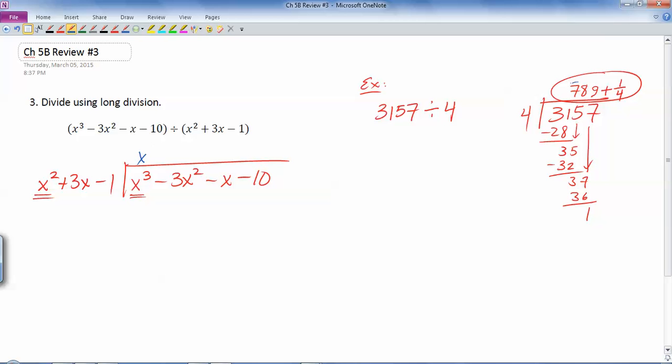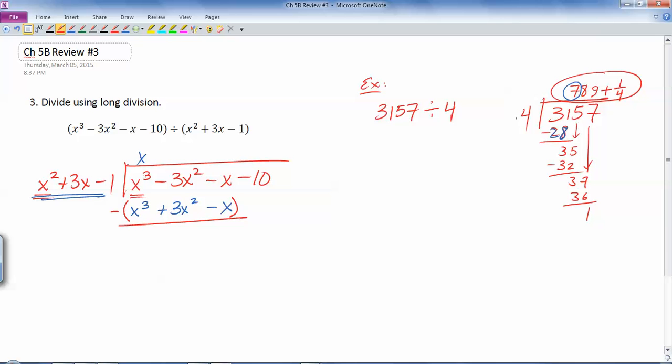And so just like over here when I put the first 7 down and we did 7 times 4 equals 28, we're going to do x times this thing equals, let's see, x cubed, and then plus 3x squared, and then minus x. Wow, that's pretty convenient.